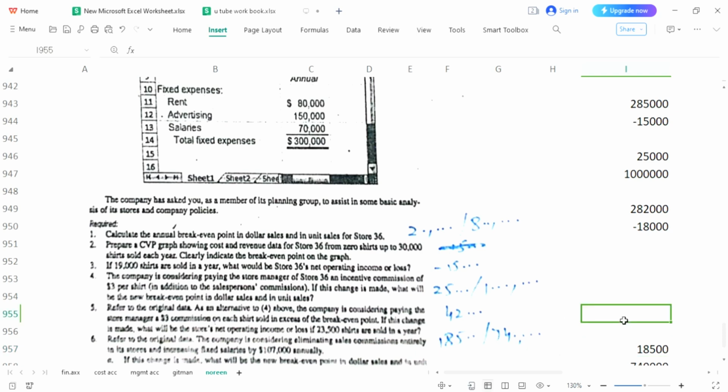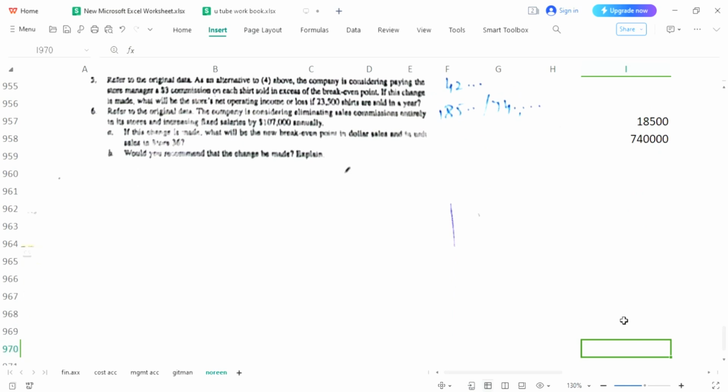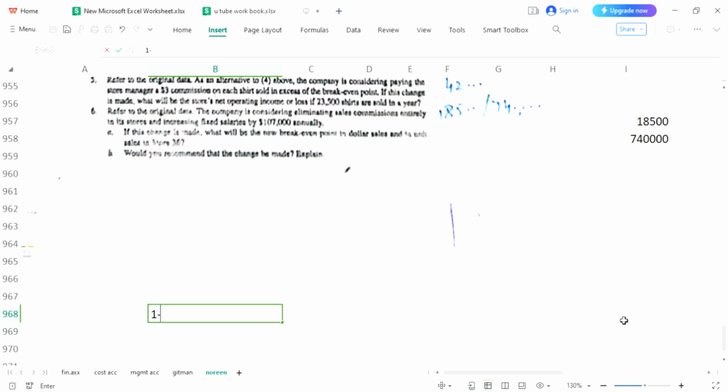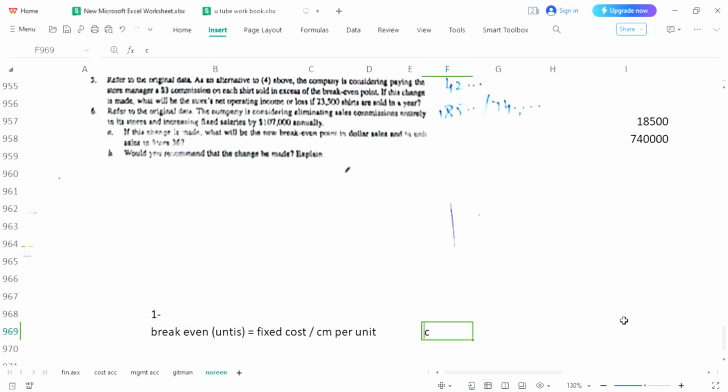So we are going to see our first requirement, which is to calculate the break-even point. Both break-even points need to be calculated. First in terms of units: fixed cost needs to be divided by CM per unit, meaning contribution margin per unit.